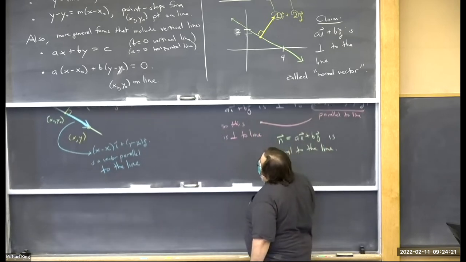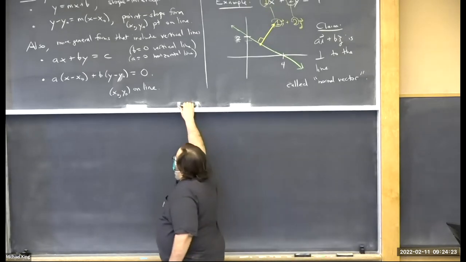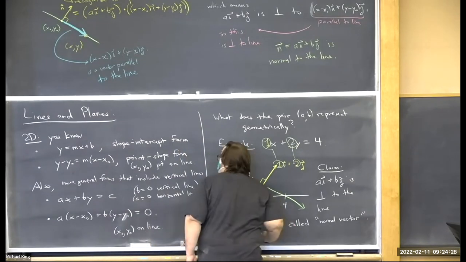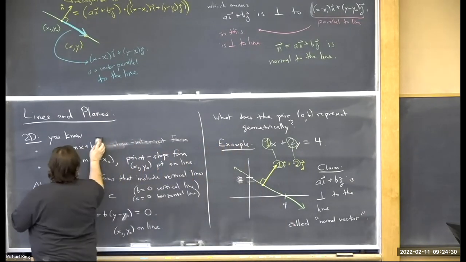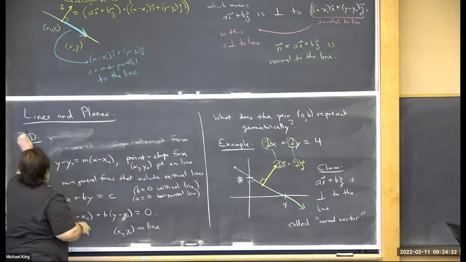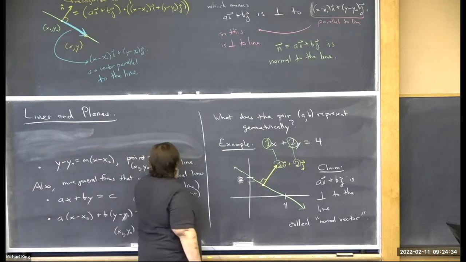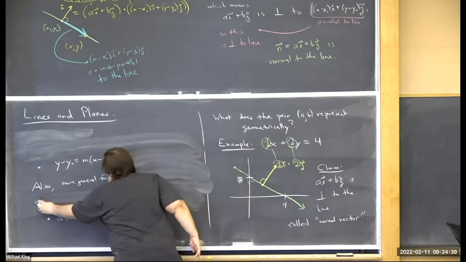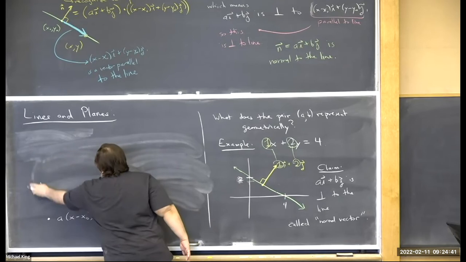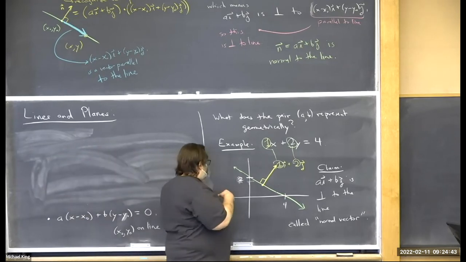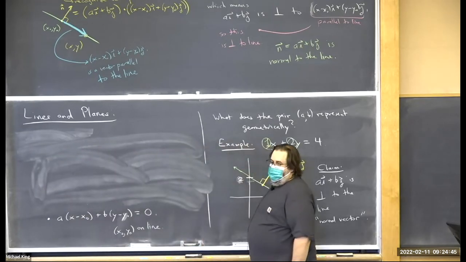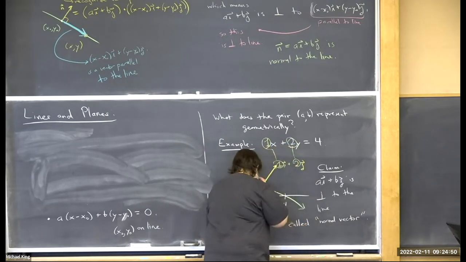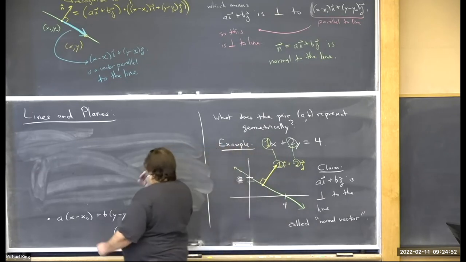Okay, let's go up to 3D and talk about planes. So if we generalize this equation to 3D, maybe I should leave this equation right here, because we've seen that if z is a linear function of x and y, that's a plane, right? But I could rewrite it this way.